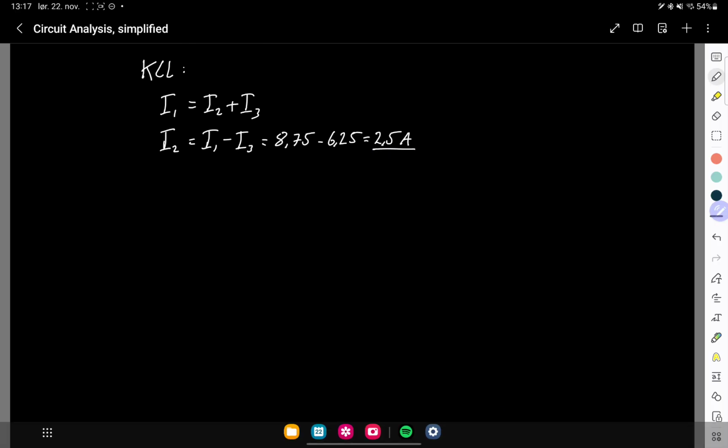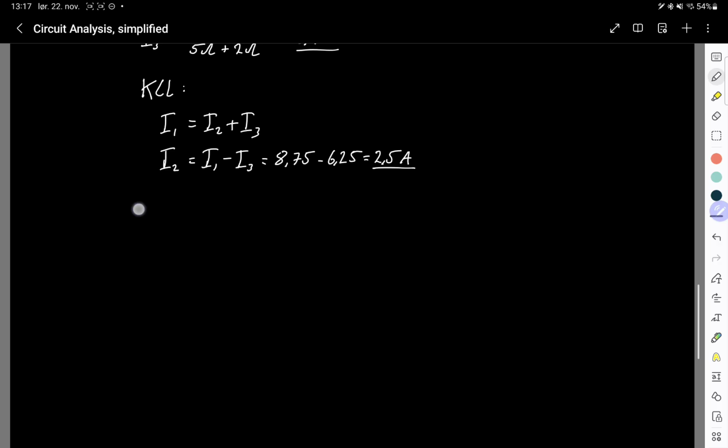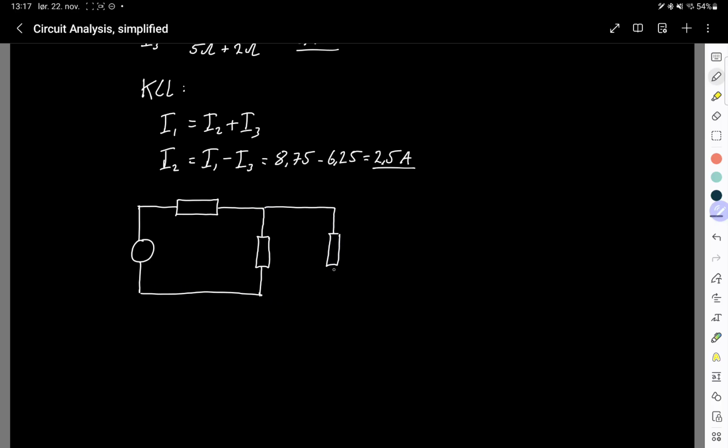So if we draw up the circuit again, that is 8.75 amperes, 2.5 will run down there, and 6.25 will run down there.